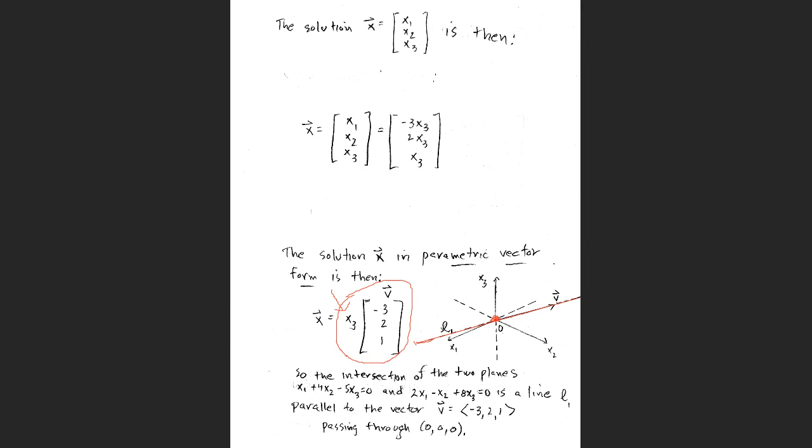Because 0 times negative 3, 2, 1 is the origin, 0, 0, 0. So this here corresponds to x3 equals 0. That point there.